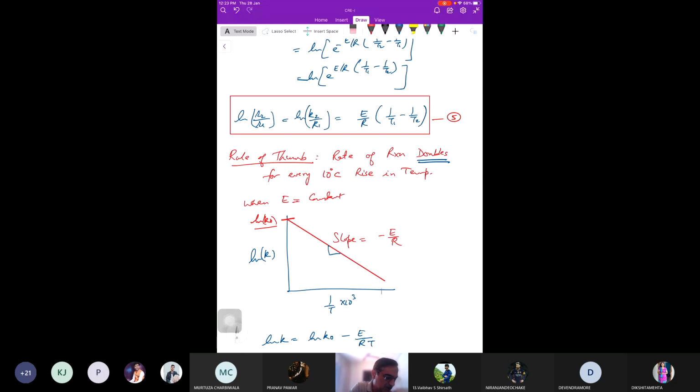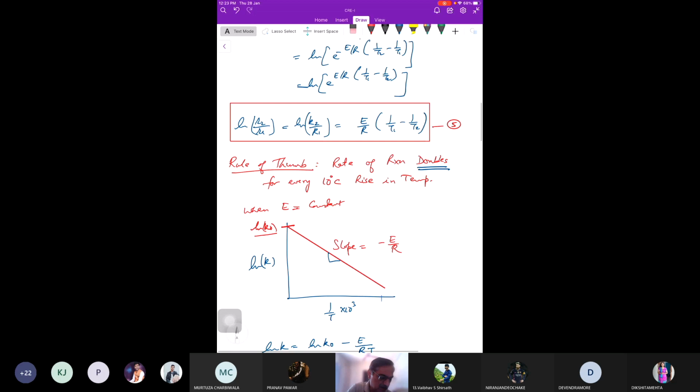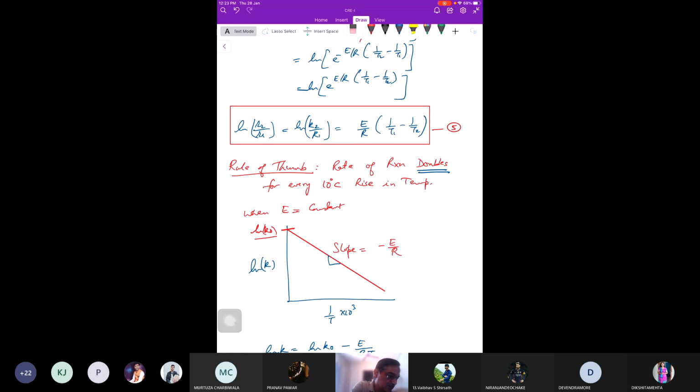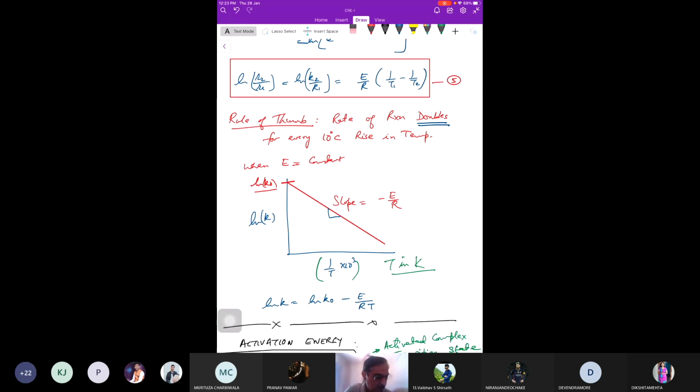So what I will get is intercept is equal to ln k naught and slope is equal to minus E by R. और generally 1 by T ये होता ही है because T is in Kelvin. तो जनरली 10⁻³ -3 इंटू +3 हो जाएगा इस साइड आएंगे तो ठीक है.